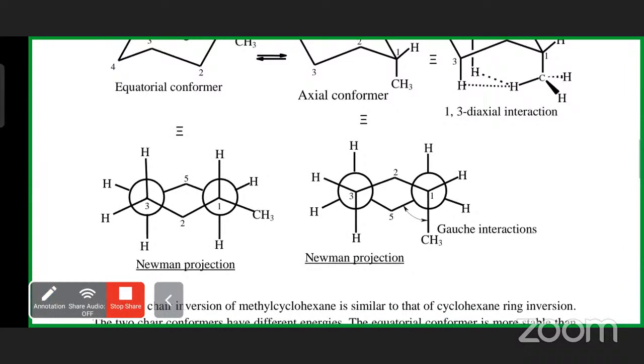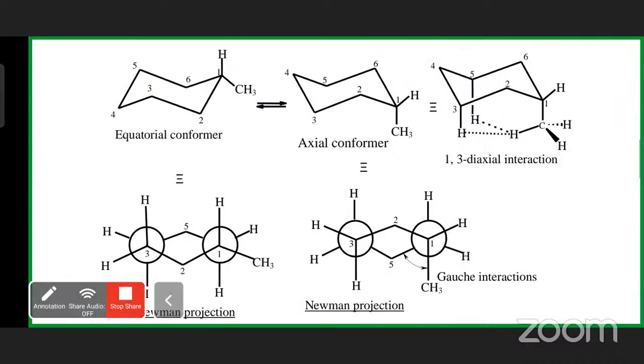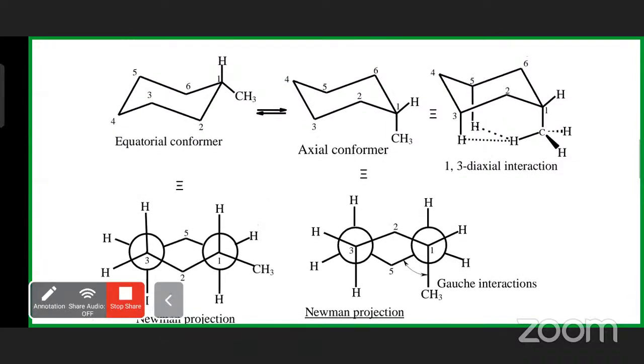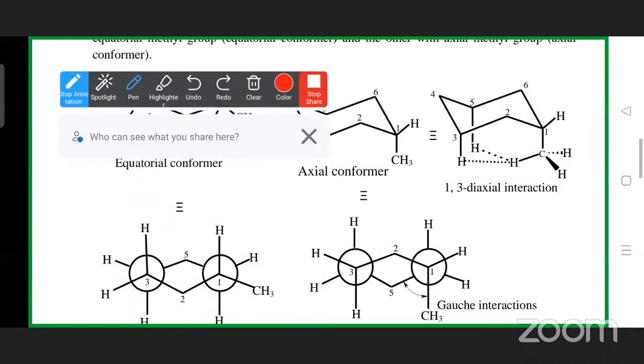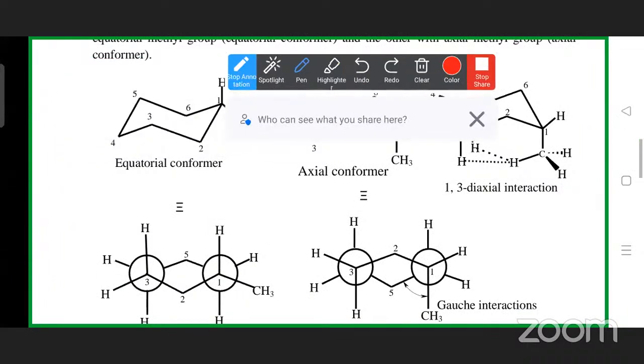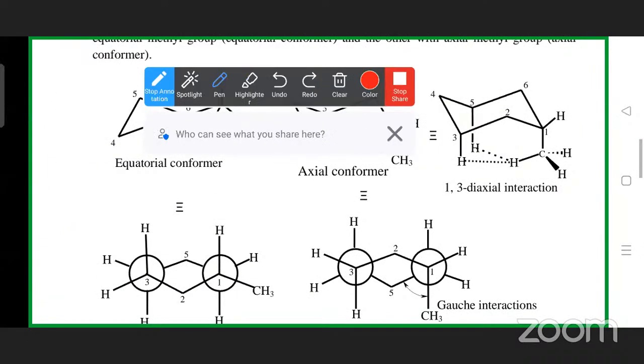Now in this equatorial and axial of the Newman projection, it is the best method to explain this methyl substituted cyclohexane.